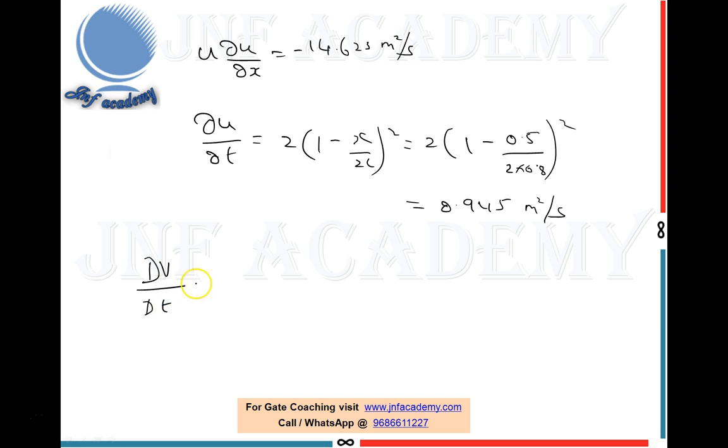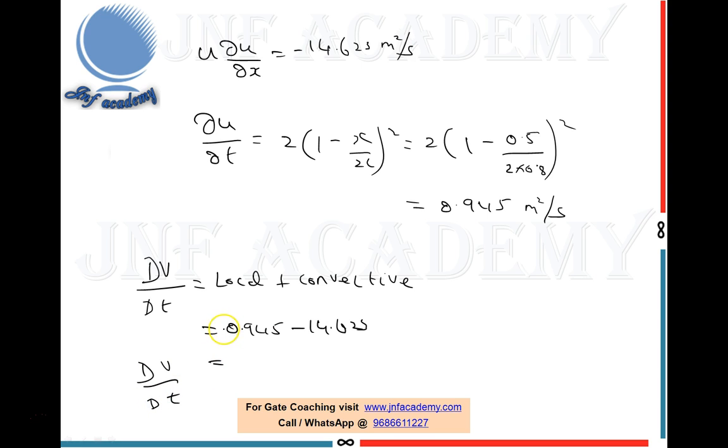So the total acceleration, dv/dt, is equal to local plus convective. Local is 0.945, convective is minus 14.623. So finally you got your total acceleration to be minus 13.68 meter per second square.